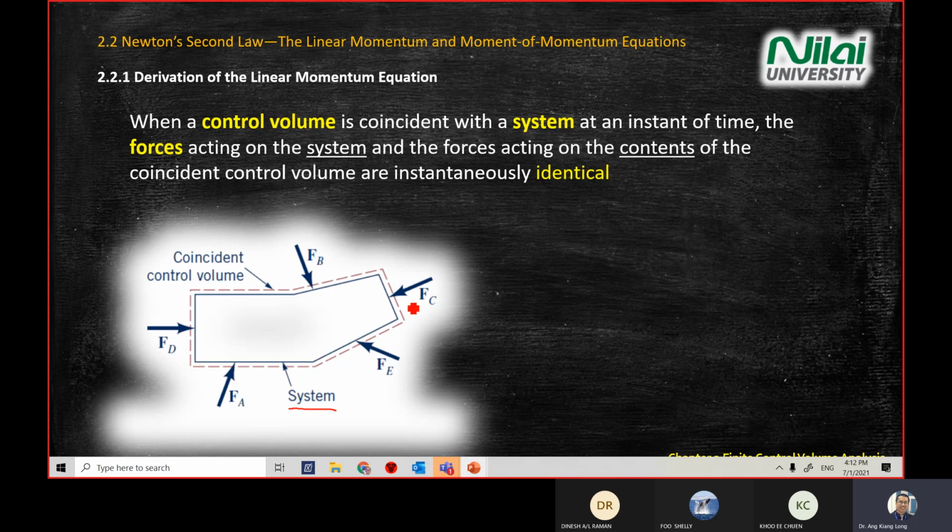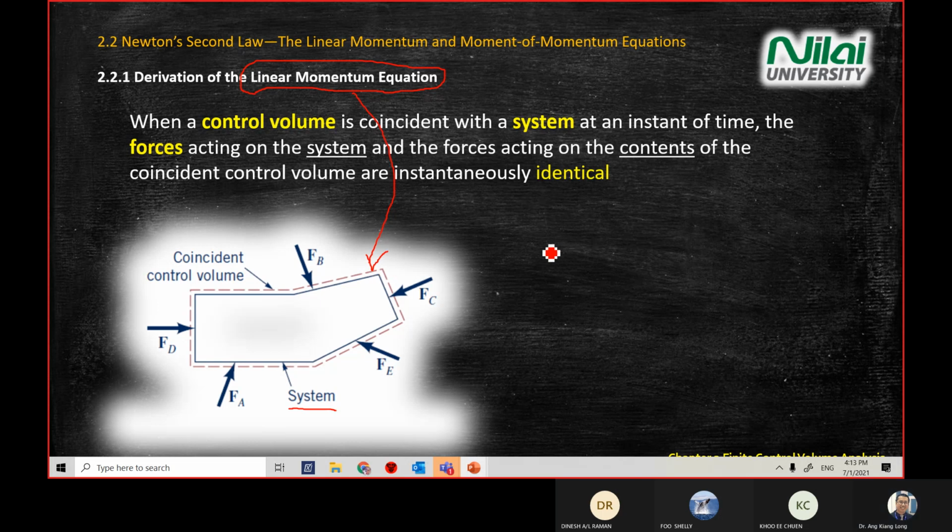All this you can read from the slides. This diagram is important for this section when we want to derive the linear momentum equation. What we are trying to do with this diagram is derive this equation, called the linear momentum equation.